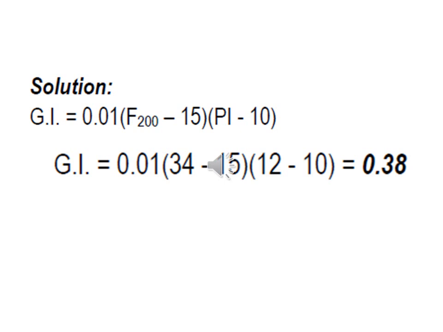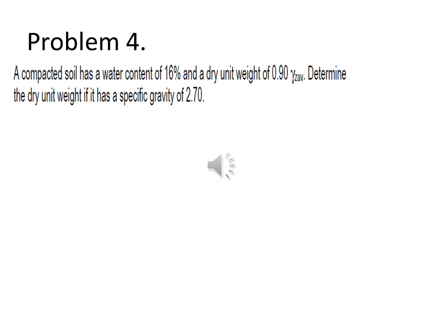So this is simply a substitution of the values. We get 0.01 times quantity 34 minus 15 times quantity 12 minus 10. So we get 0.38.